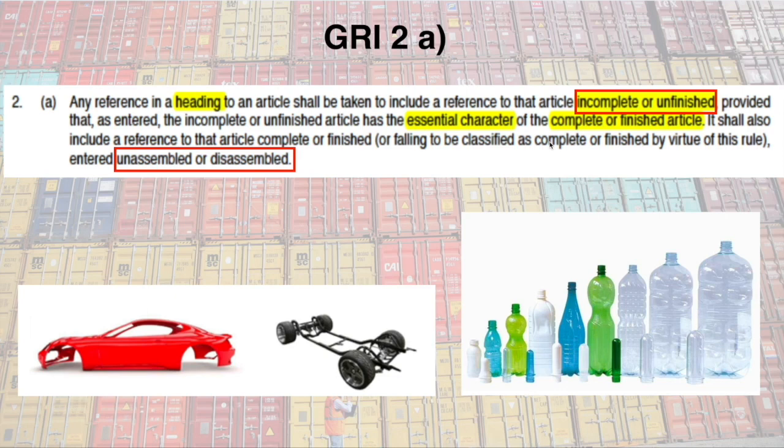The essential character of the product is determined by the nature of the material or component that makes up the product. This also includes its bulk, weight, quality, value, or the use or function of the product. For example, incomplete articles that should be considered complete or finished are an automobile without its wheels, or a car without an engine, or a bicycle without a seat or tires.